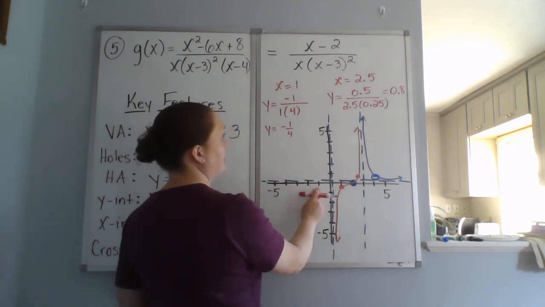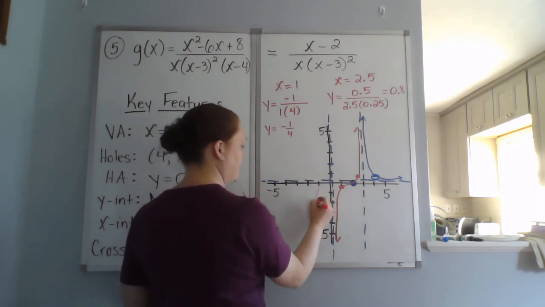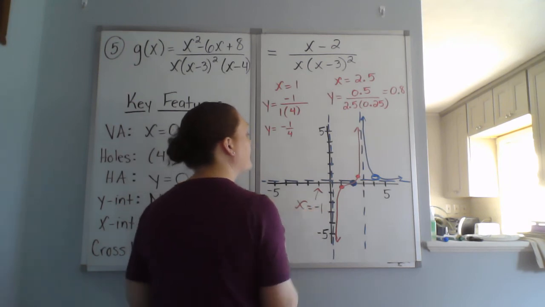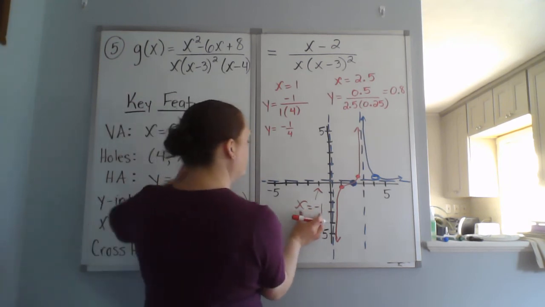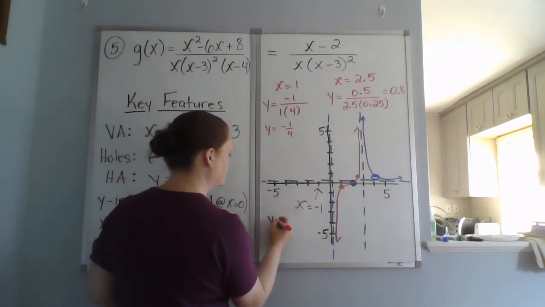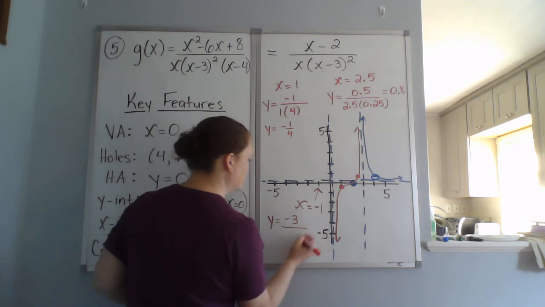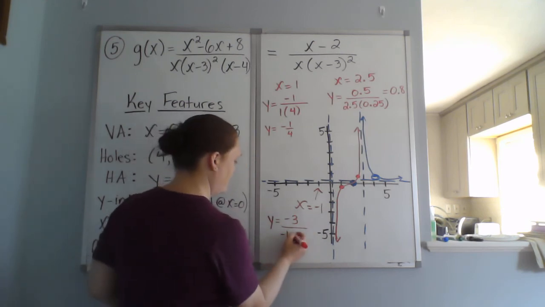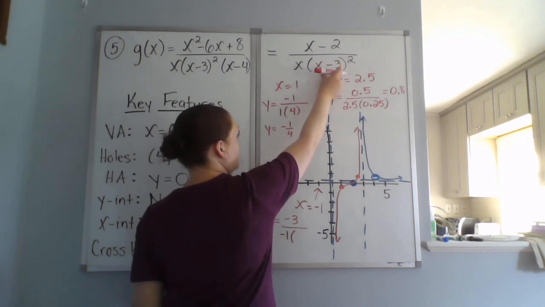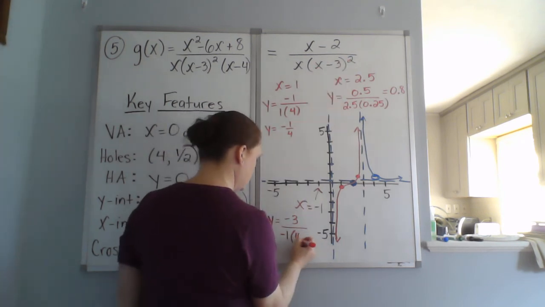So I'm just going to plug in x equals -1 and see what happens. So my next test value is x equals -1, okay? So I'm going to go ahead and do that. When I plug -1 into the top, -1 minus 2 is -3. And then x is -1. -1 minus 3 is -4. -4 squared is 16.